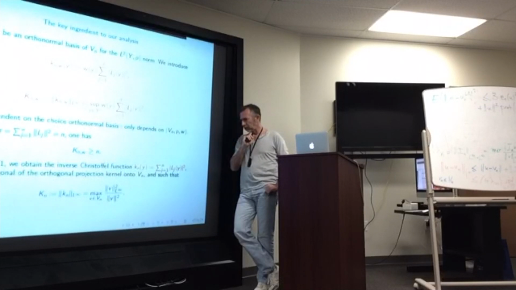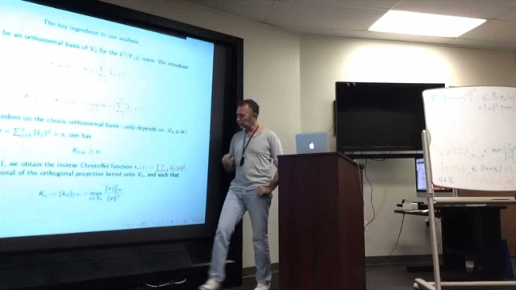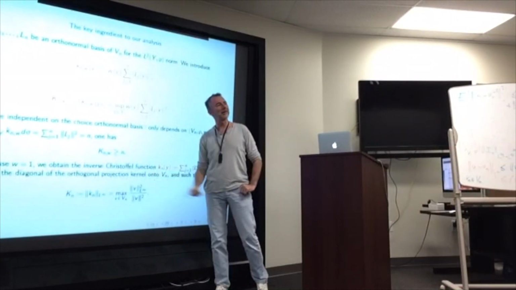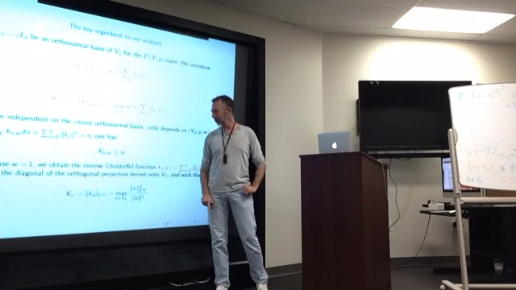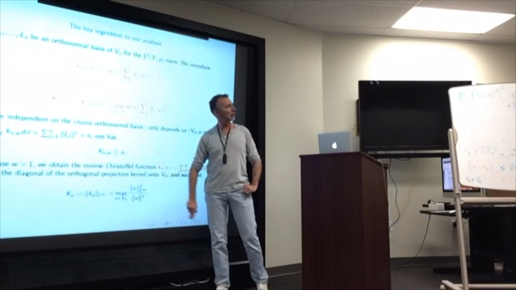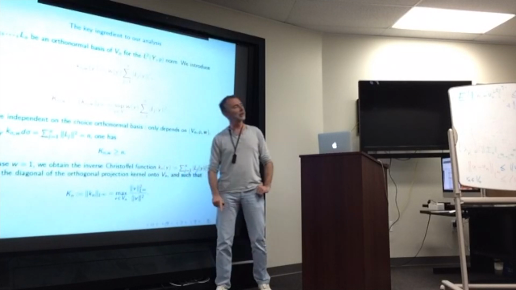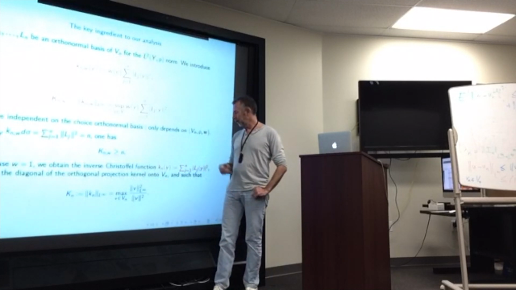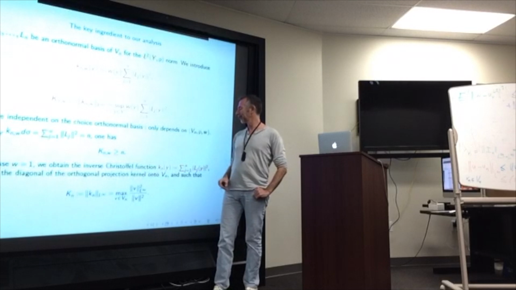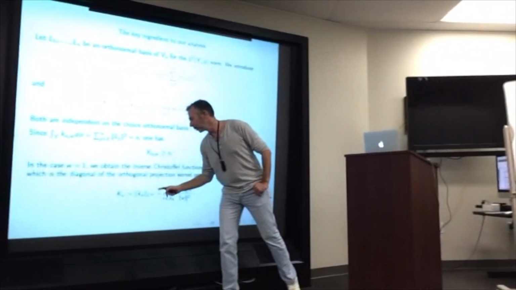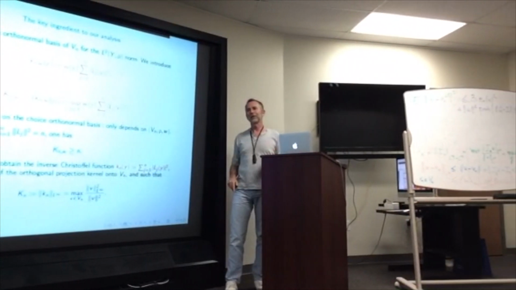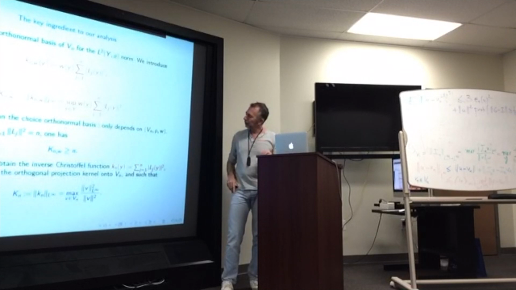And it's also the best constant for the inverse estimate when you want to control the L infinity norm by the L2 norm. The L2 norm is obviously bounded by the L infinity norm with constant 1. You would like to have the other way around: for all functions in Vn, bound the L infinity norm by the L2 norm. Use Cauchy-Schwarz, and you see that the best constant is given by the max of this inverse Christoffel function. There are all kinds of interesting properties with this, and I will talk about it.